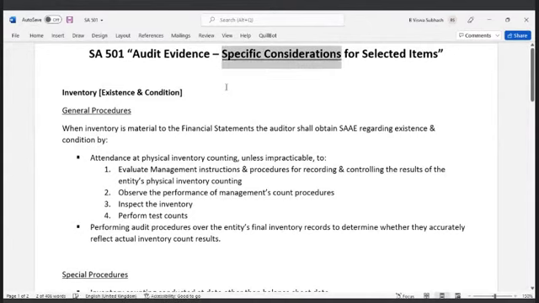It is very particular that they are only describing specific considerations. What to do, how to obtain the audit evidence, the regular test of controls, test of details, and substantive audit procedures. That is the regular thing that you anyways do as an outcome of SA 500. But here only three items have been selected and they are specifically giving you some guidelines.